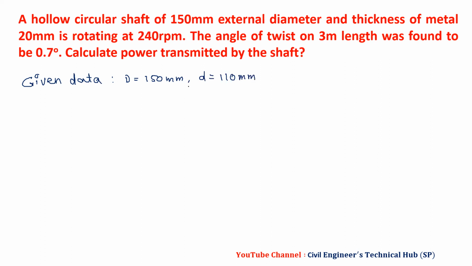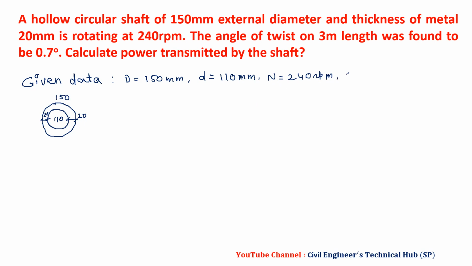Already we have seen many times, we have thickness from both sides. In examination you should be very careful, otherwise students commit mistakes. So we have, this will be 20 and this 20, and therefore internal becomes 110. External we have 150. Then we have given N equal to 240 RPM.